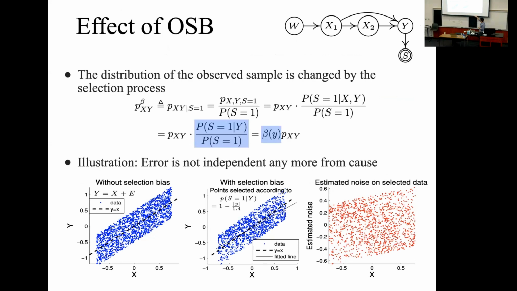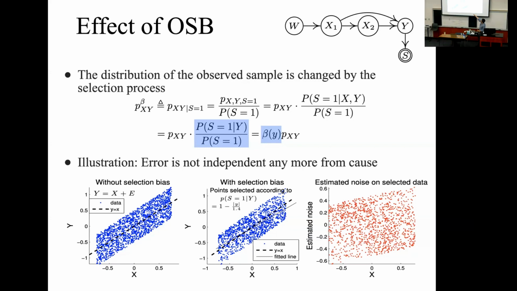Okay, if you are interested, you can look at the paper. And right here, you can see how the distribution of the observed data is related to the original distribution without selection. This is the distribution of XY right here after selection. So you have to condition on S equal to 1. And then if S depends on only Y, then after some kind of transformation, you have this equation.